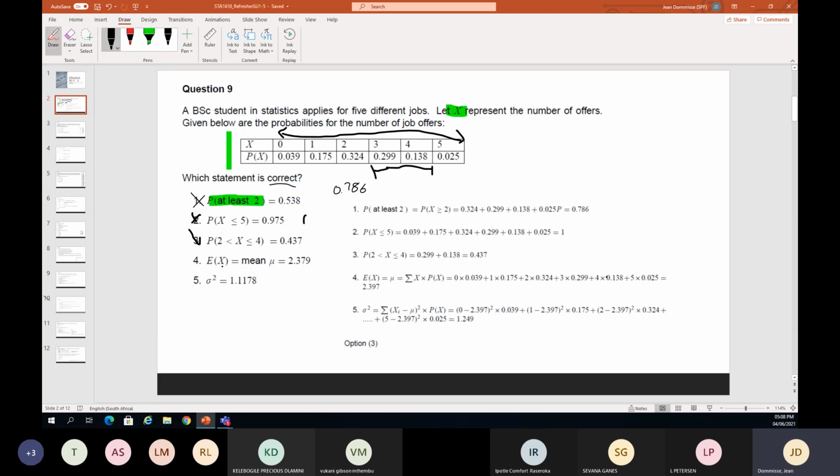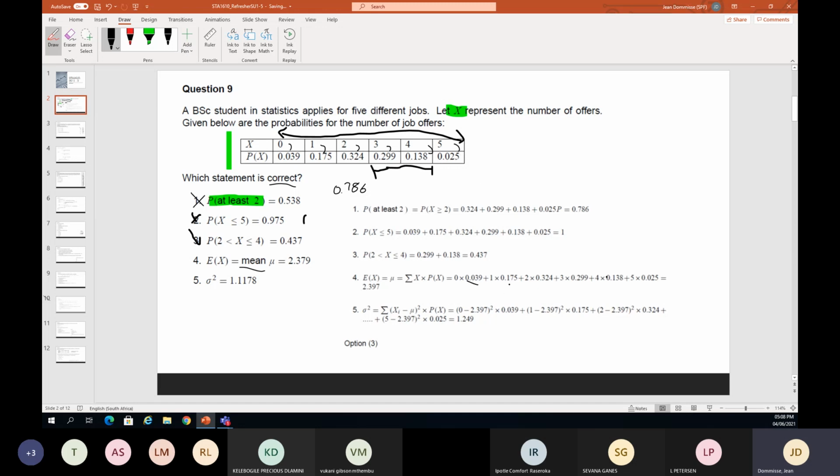To do the mean, we basically need to say that times that plus that times that, plus that times that, and so on.